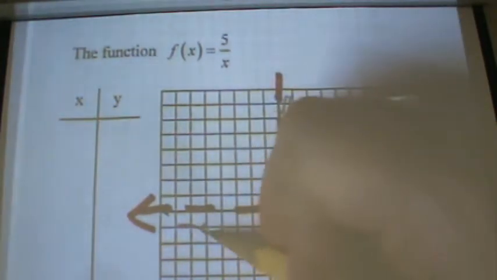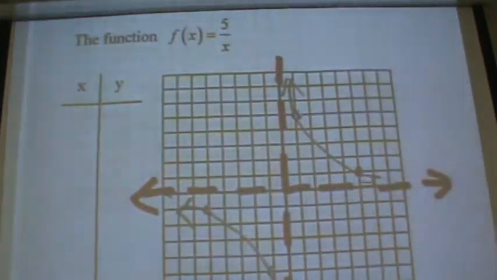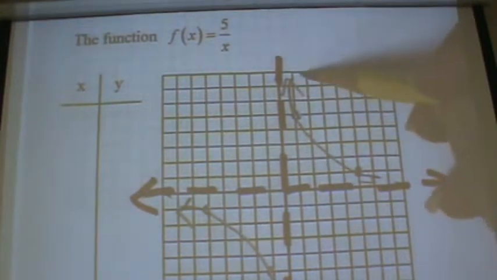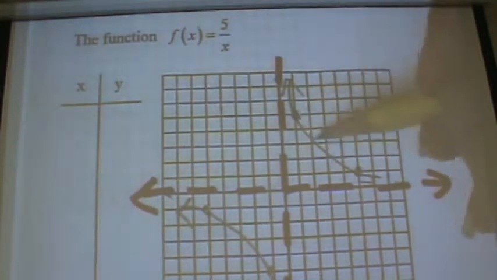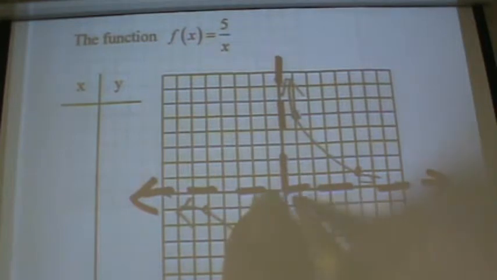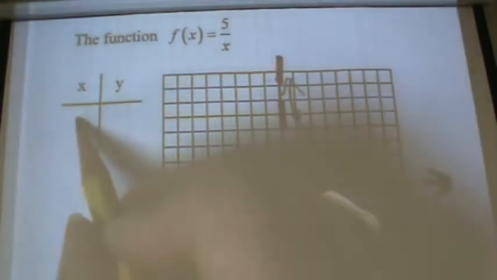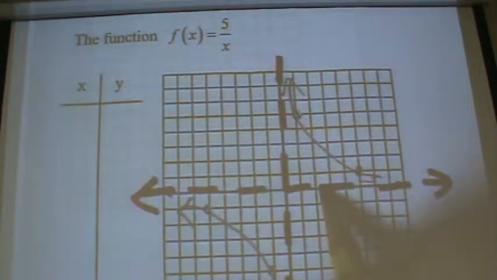Now, how do I know, without using a calculator, how this thing is going down here? How is it connecting from this point to this point? What could you possibly do? You could put a number in between 1 and 5, like 2.